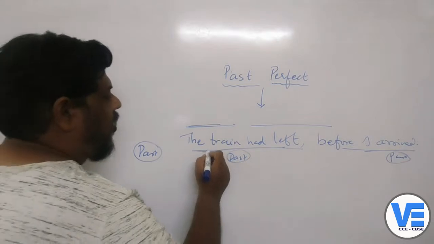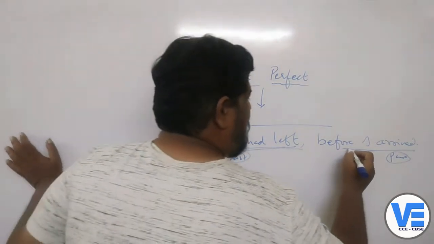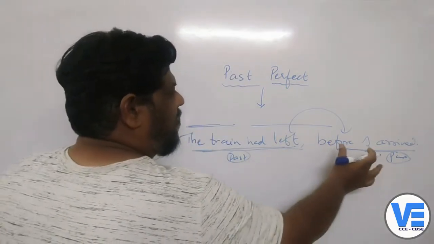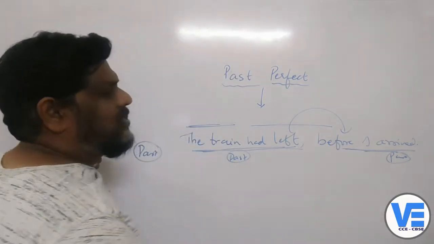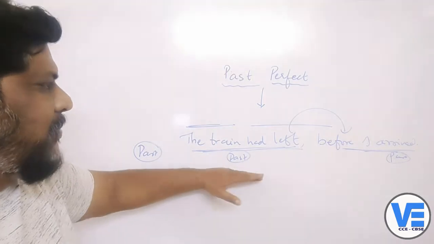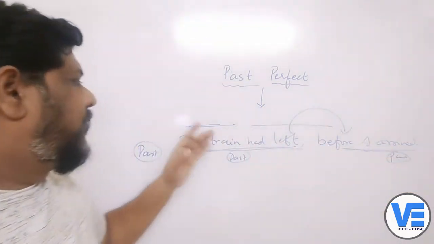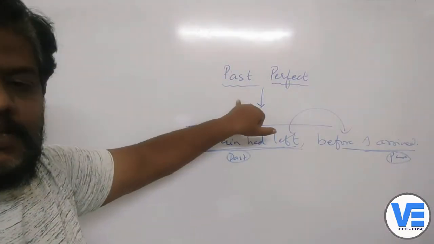One has already happened and the other one happened after this. After the first event has happened, the second one has commenced. So that is how past perfect tense is used.